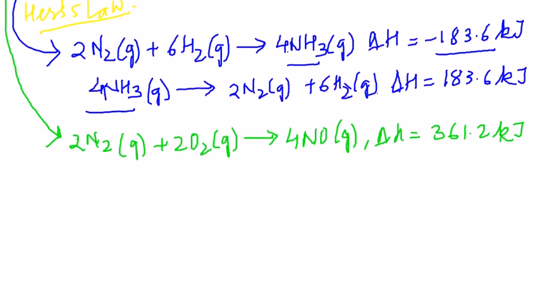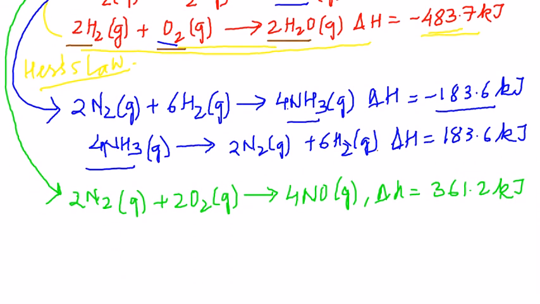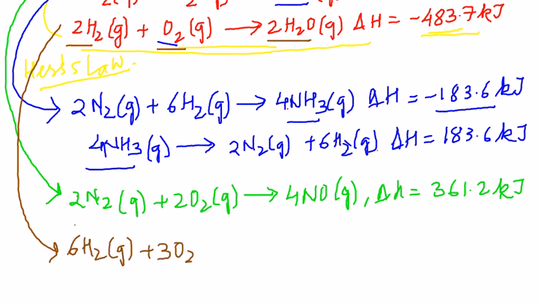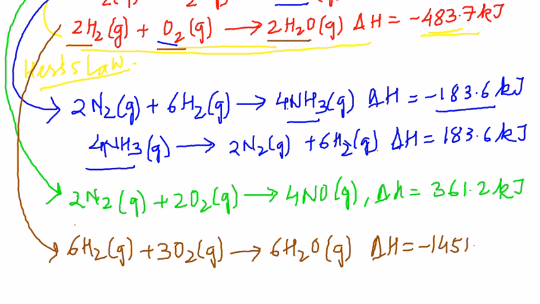We multiply that by 3 and draw an arrow. You have 6 molecules of hydrogen plus 3 oxygen gives 6 water, and delta H for this has to also be multiplied by 3, which would give you negative 1451.1 kilojoules.